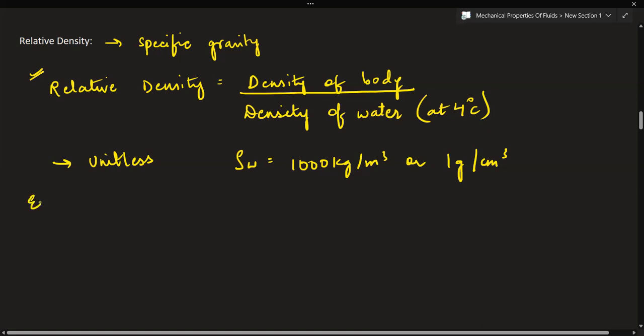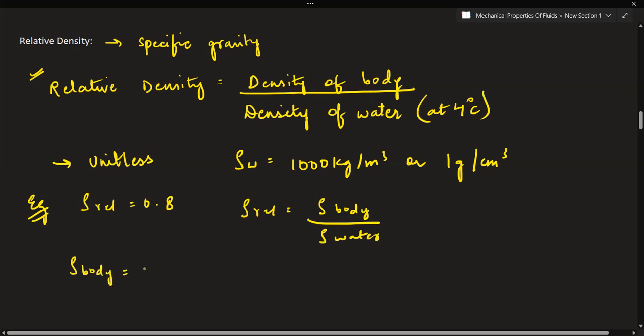For example, just to clear this topic, the relative density is given as 0.8. So it means relative density is what? Density of the body divided by the density of water. So if I have to find out the density of the body and the relative density is mentioned, then the density of the body would be simply the product of relative density multiplied by the density of water.